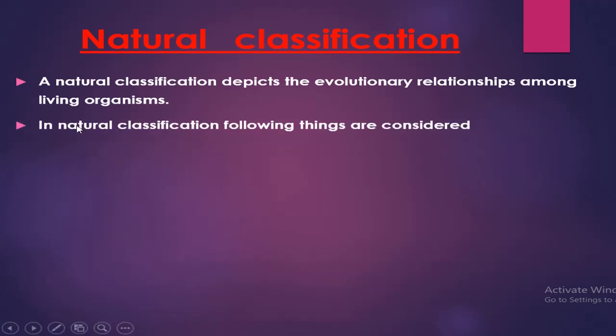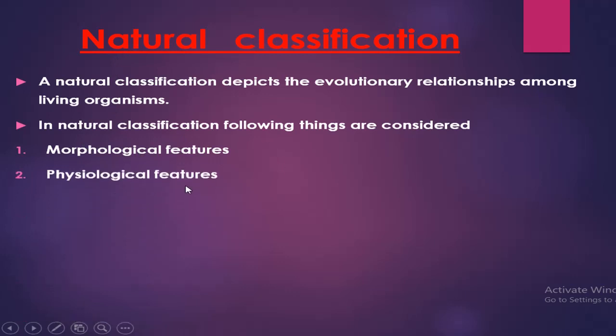In natural classification, the following things are considered. Let's learn what they are. The first one is morphological features. Next, physiological features. Not only morphological features but also physiological features are used in natural classification.